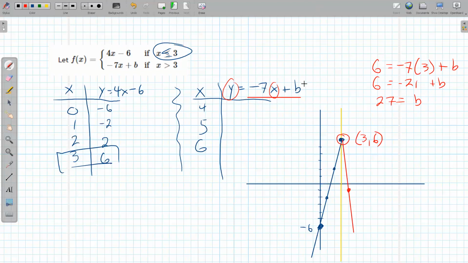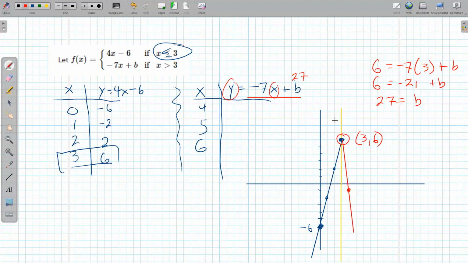And we can double check that that is indeed 27 by plugging in some numbers to check. So for example, I'm at 3, 6 here. I know if I go up 7 and left 1, that's going to put me at 13 up there.